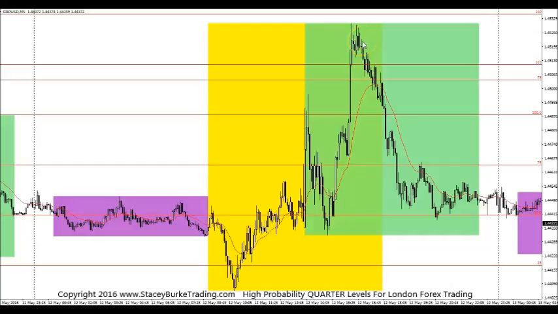The area from 1 1/4 to 1 3/8 is usually where most false breaks or marginal new highs or lows will occur. So this is something that you can experiment with.